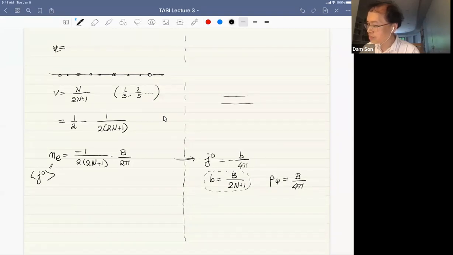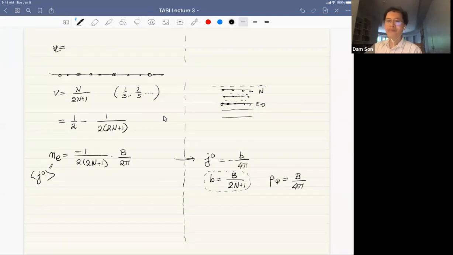If you look at the degeneracy of the Landau level, you can convince yourself this is the way to have this particle: fill up all the states up to a certain Landau level n. So this is E equal to 0. And since you fill up an integer number of Landau levels, that state has a gap.